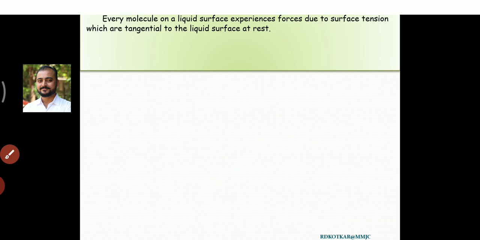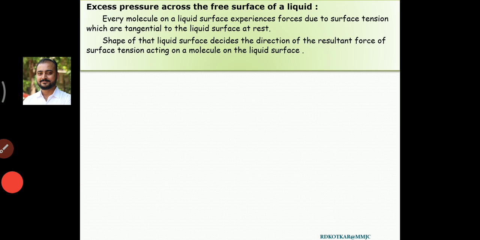The shape of the liquid surface decides the direction of the resultant force of surface tension acting on a molecule on the liquid surface. What is the meaning of this? Depending on the shape of the liquid surface, in short the shape of the meniscus, will decide the direction of the resultant force.